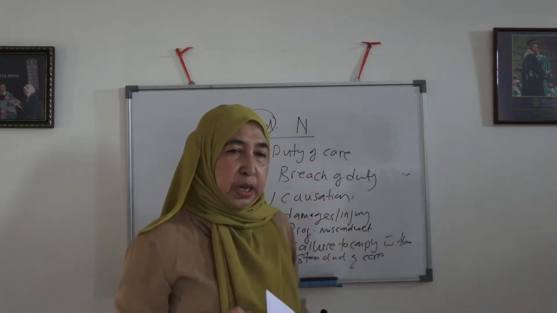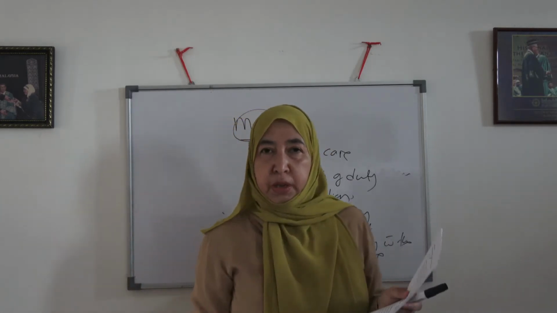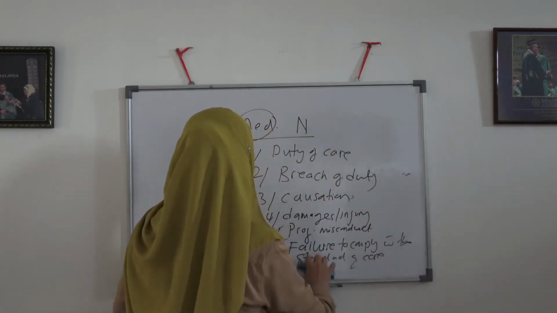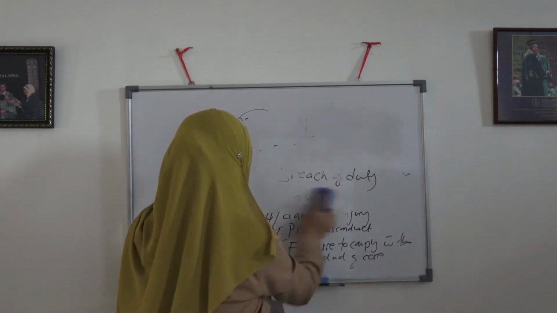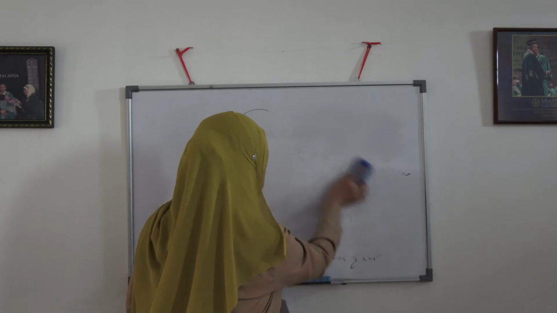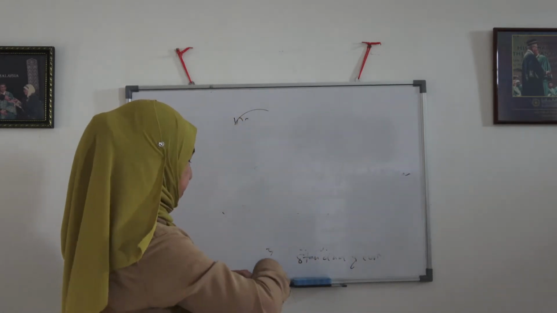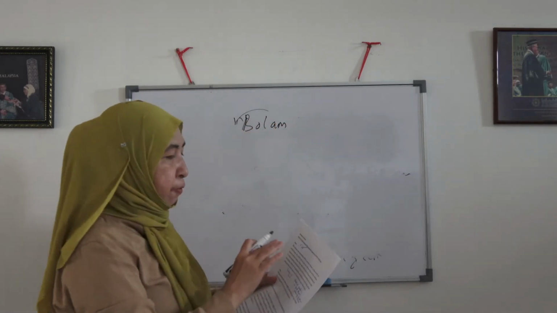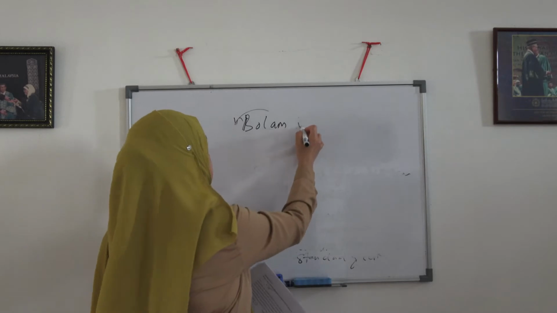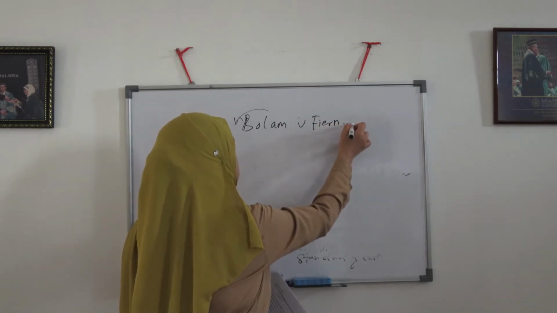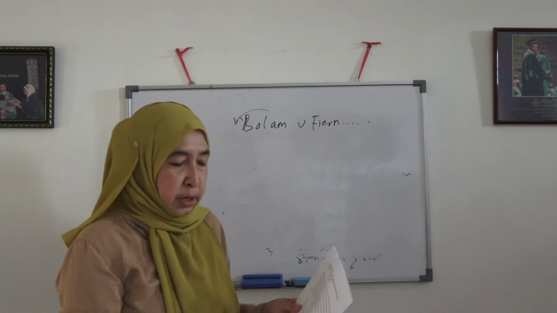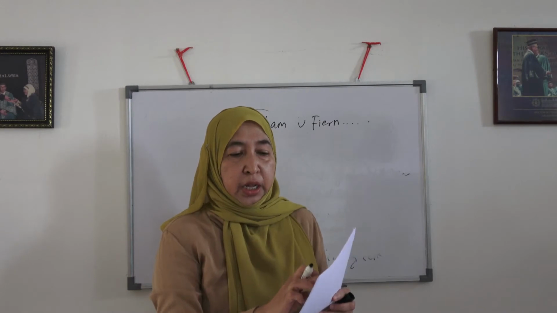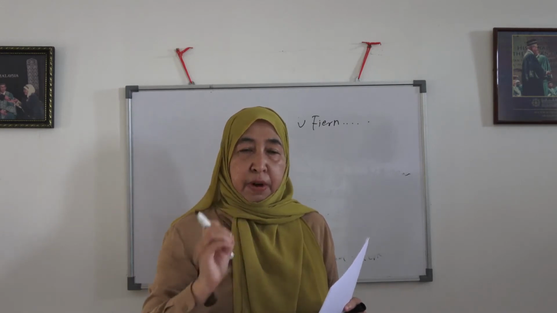Okay, let us look at the first case, that is on page 14 of your materials. The first case is the case of Bolam. In the exam, the full name of the case is Bolam against Friern Hospital Management Committee, 1957, 1 WLR 583, as you can see from the materials.